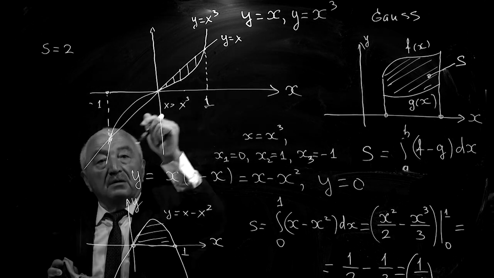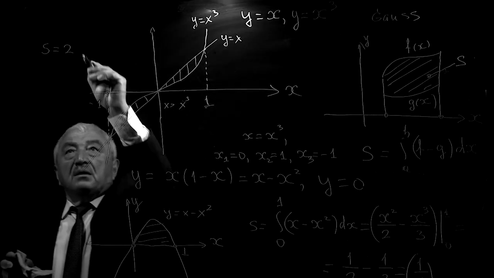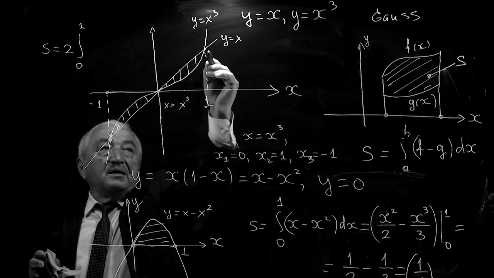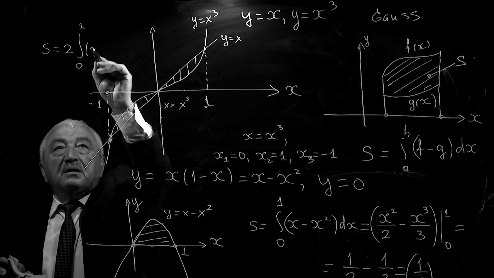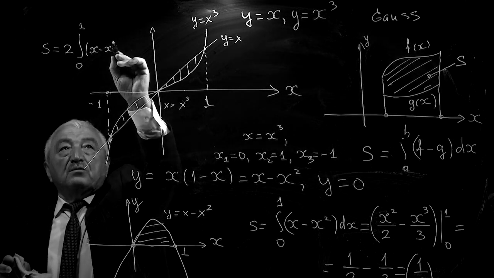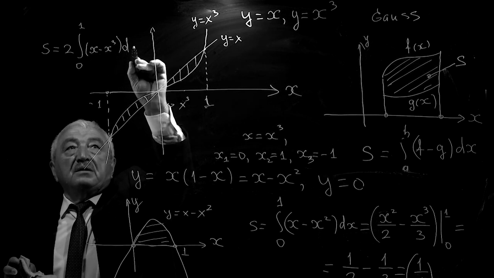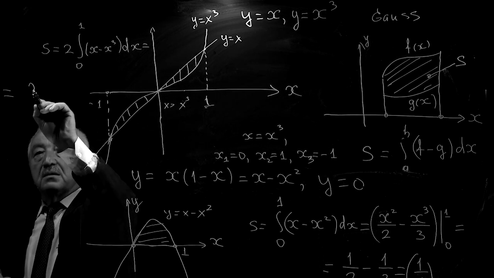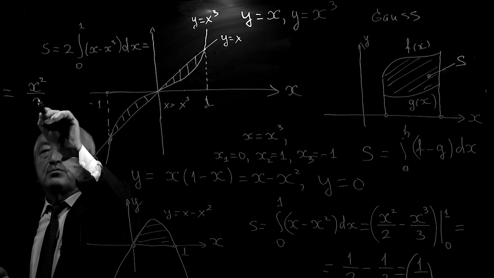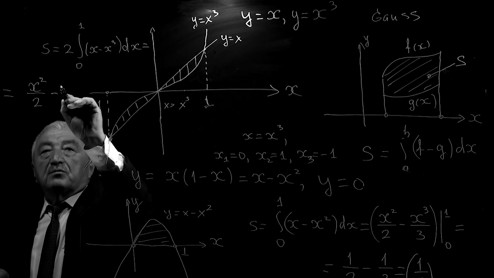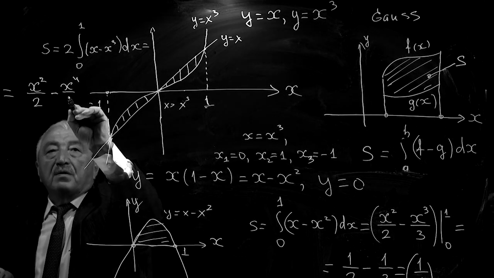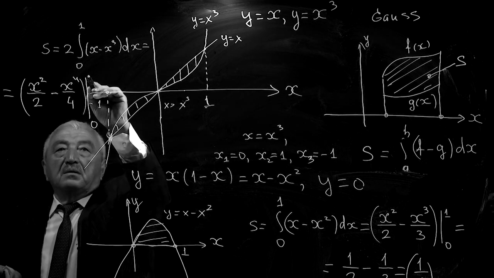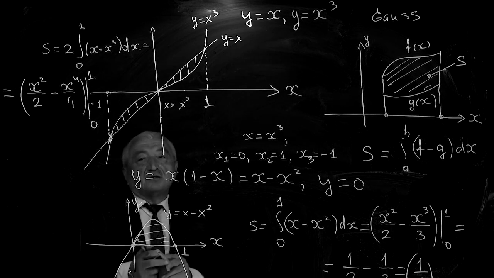We have two areas. The integral from 0 to 1 of x minus x to the power 3 dx equals x to the power 2 divided by 2 minus x to the power 4 divided by 4, between 0 and 1.